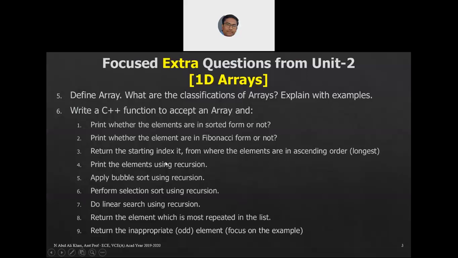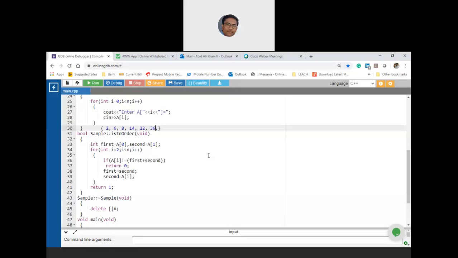This you work it out. Return the starting index of an array from where the longest ascending order within the array sample is available. For example, you have an array like this, let us say 6, then 65, then 78, then 300, then 500, then let us say 67, then 23, like this.